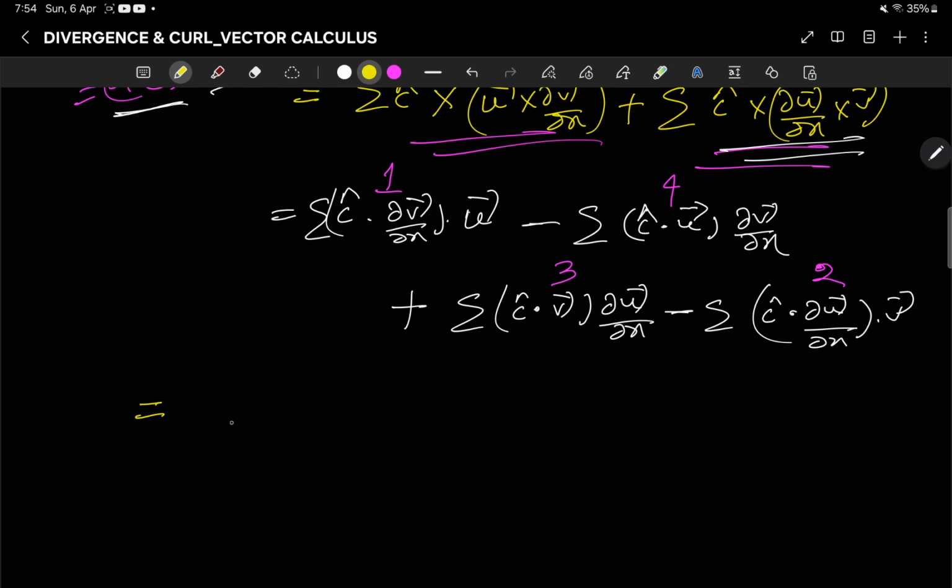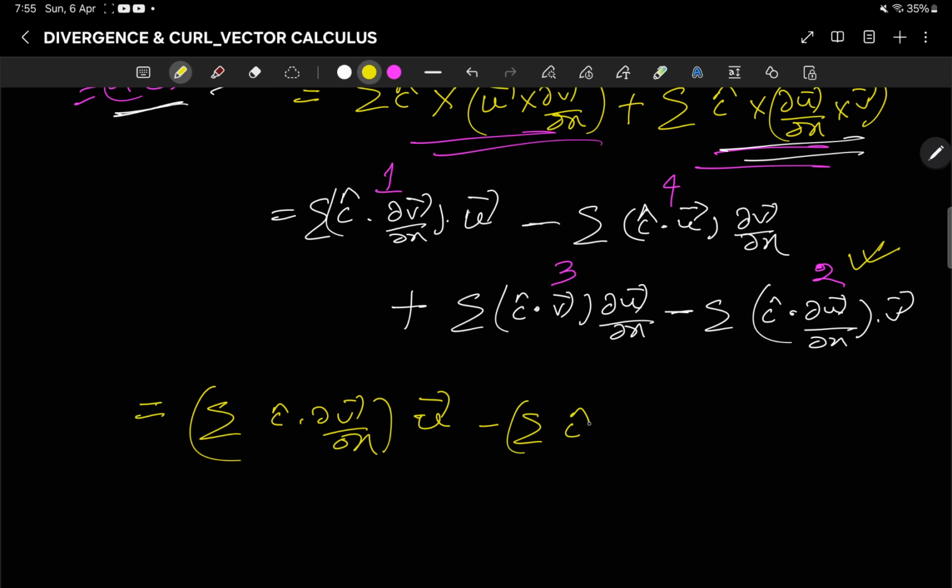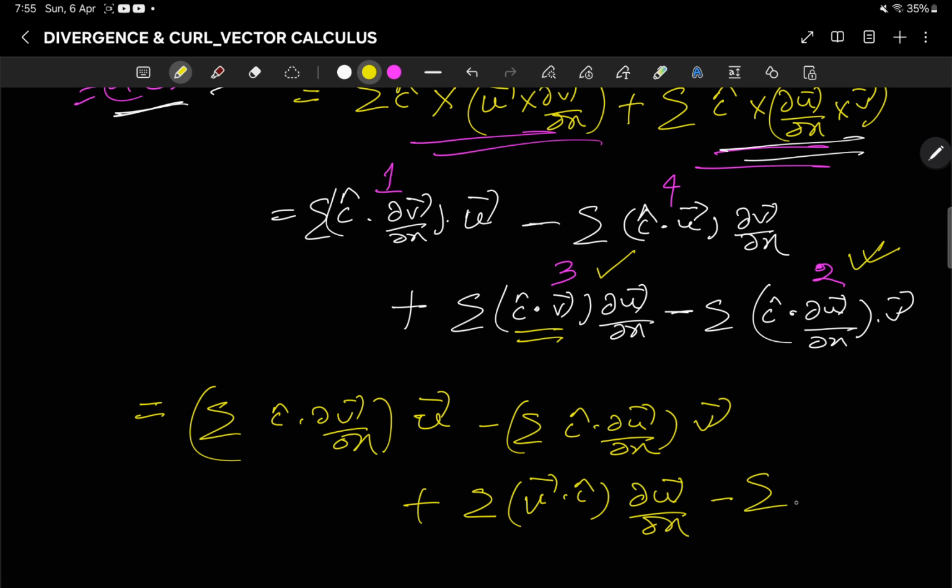So this is equal to summation of i dot del v by del x, and u is here, and minus, coming to the second term, minus summation of i del u by del x, v is here, and coming to the third term, it is summation of i dot v, you can write also v dot i, a dot b is b dot a, del u by del x, minus summation del u by del x dot i, and it is your v. So this is your u dot i del v by del x.